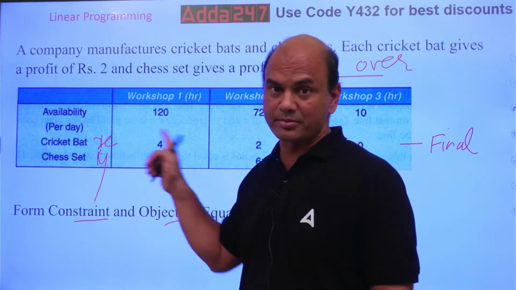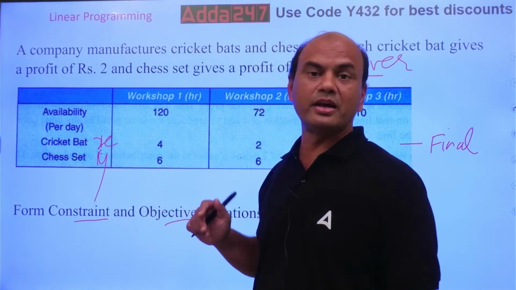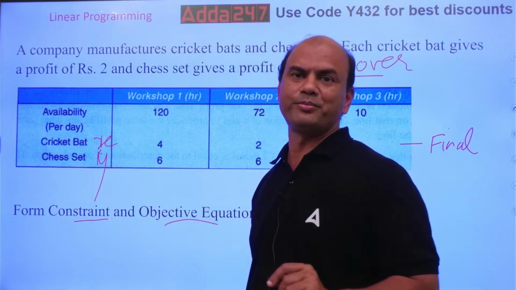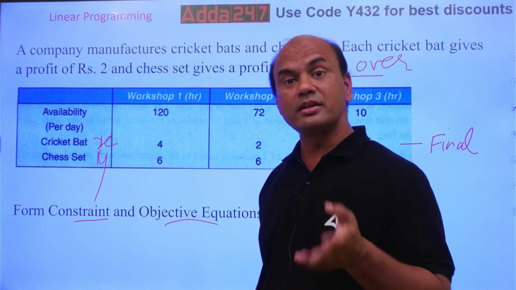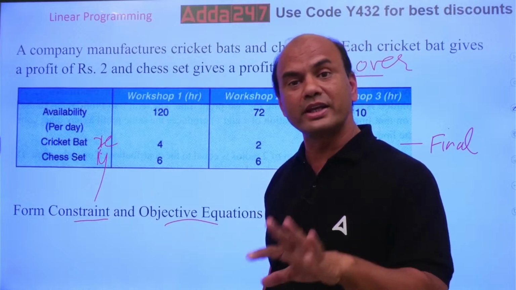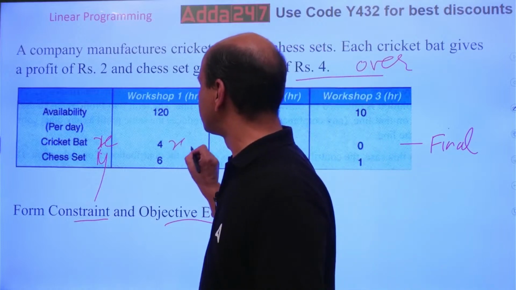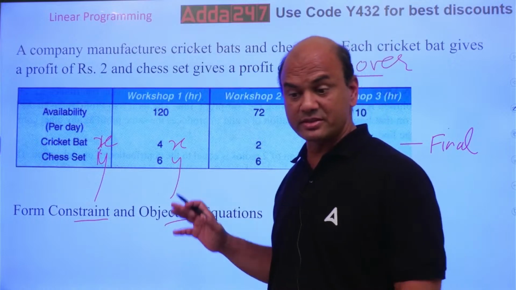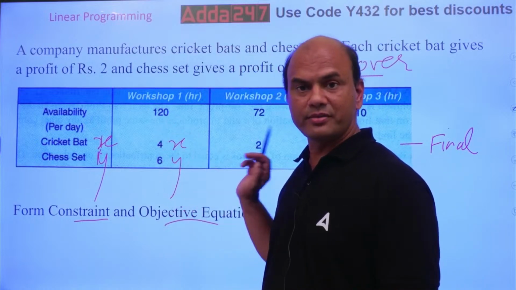So for 2 cricket bats, it will require how many hours? 8 hours. How did you come to 8? 4 multiplied by 2 bats. Similarly, 3 bats, 4 3s. 4 bats, 4 4s. x bats, 4x. 4x, 6y. This much workshop time will be required.